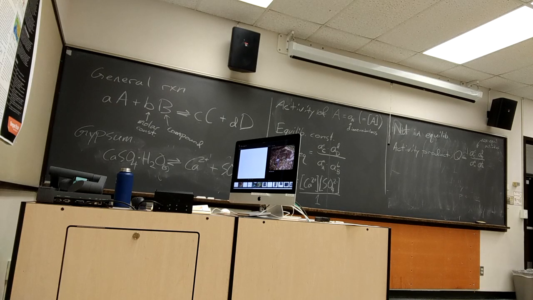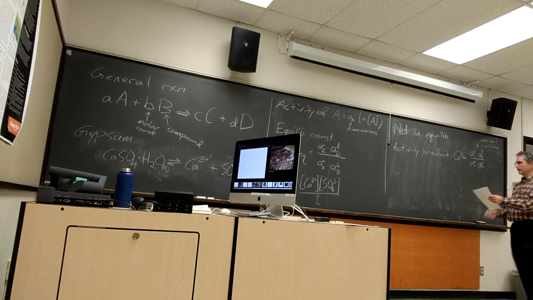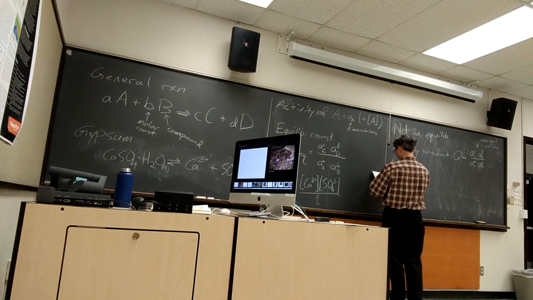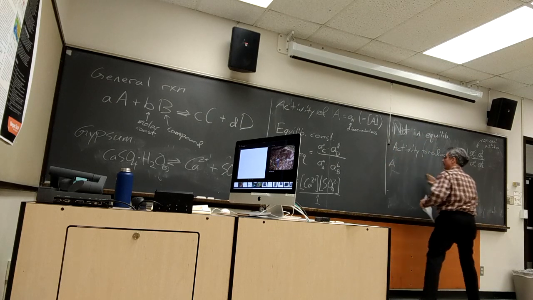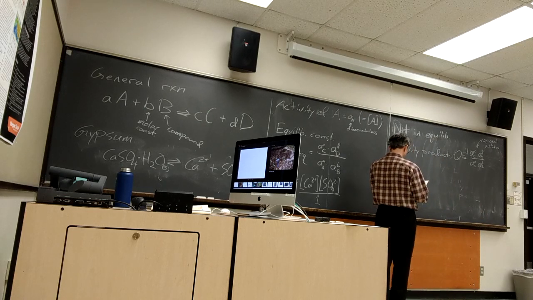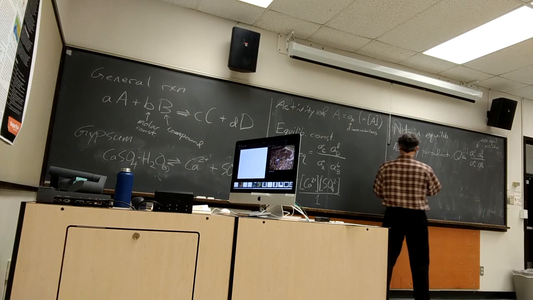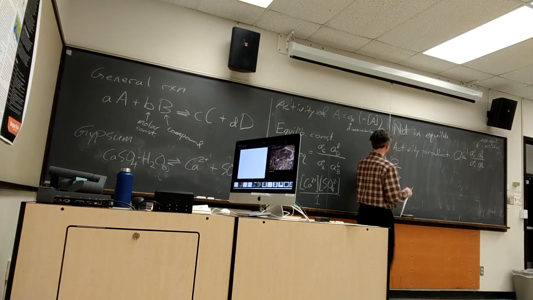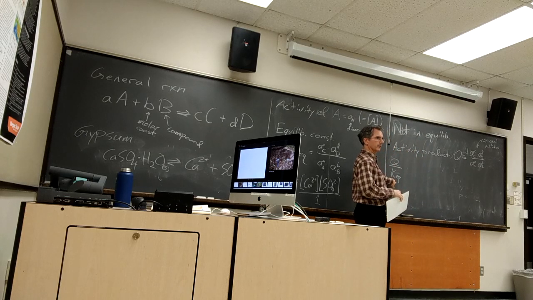In general, if these are equilibrium activities, then we'll call it KEQ. But we can still calculate Q whether these are equilibrium or not, and that means we can just look at the ratio, Q over KEQ or KSP, same thing essentially.